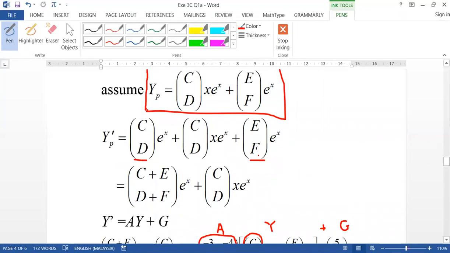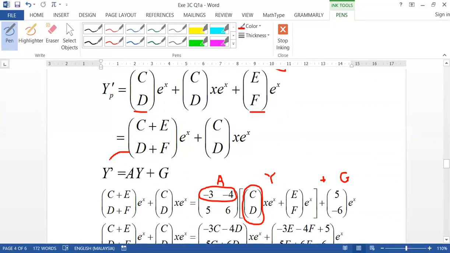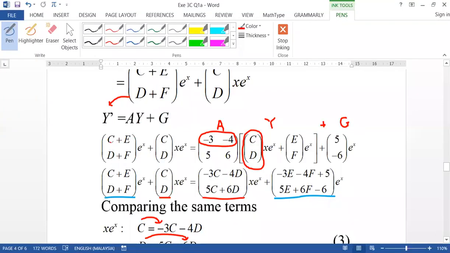Then you collect the same terms, collecting the exponent x term. So you have c plus e, d plus f, exponent x plus c dx exponent x. Then you plug the yp into y, so your y prime will be c plus e, d plus f, exponent x plus c dx exponent x.